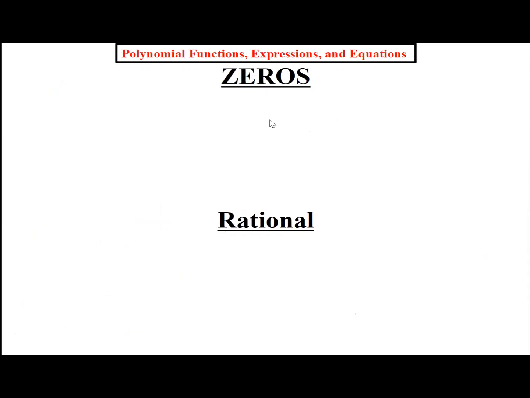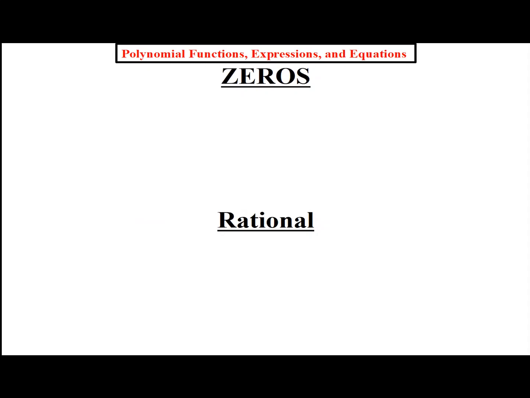And why are they called zeros? Because if we substitute them into the original equations, they give us 0. What is a rational? Any number that can be written as a fraction. So if they are called rational zeros, it's because whatever we solve and we get, when we substitute that into the equation, it could be equal to 0, and those numbers that we substitute can be written as fractions.